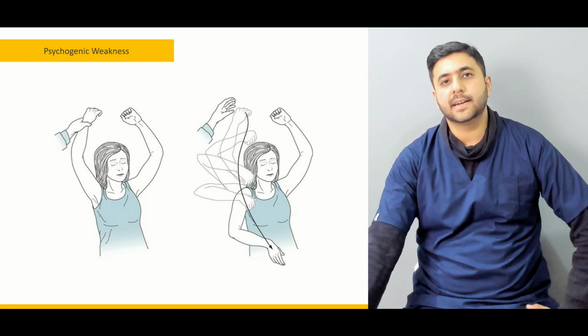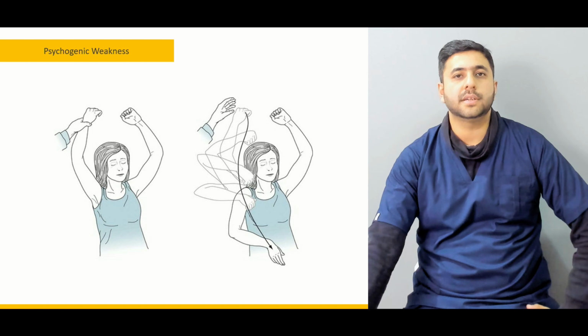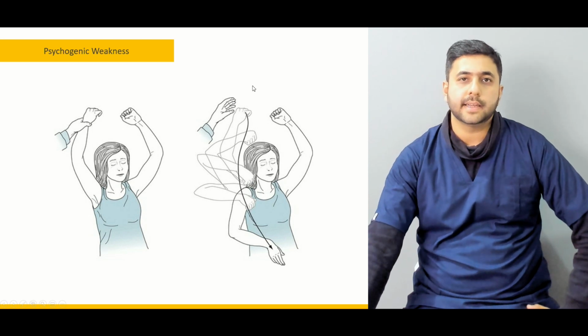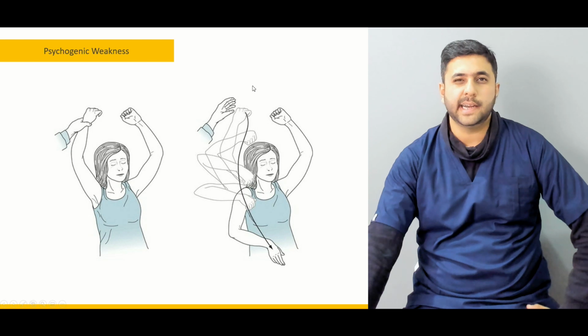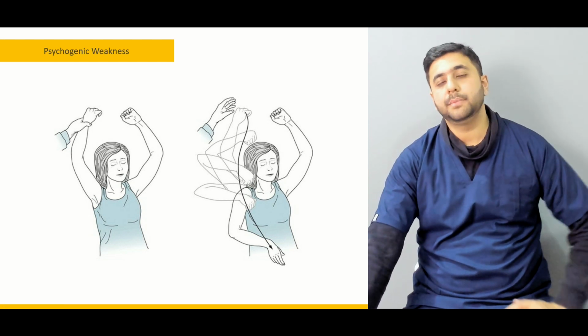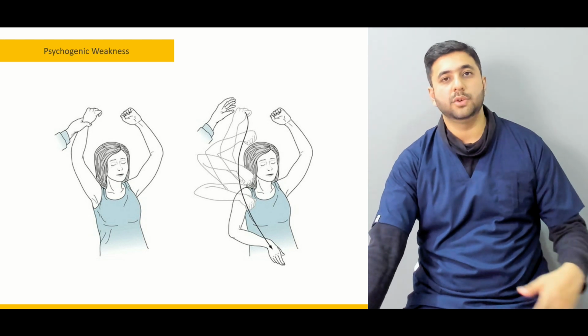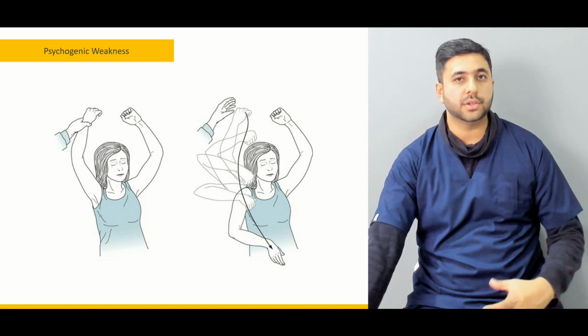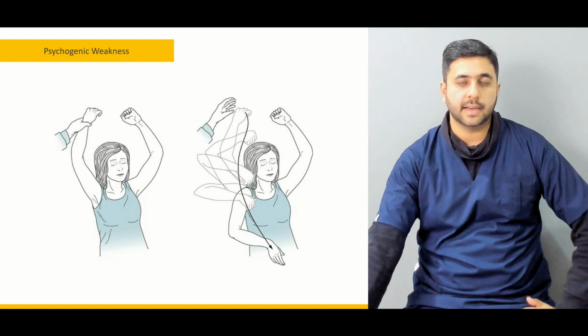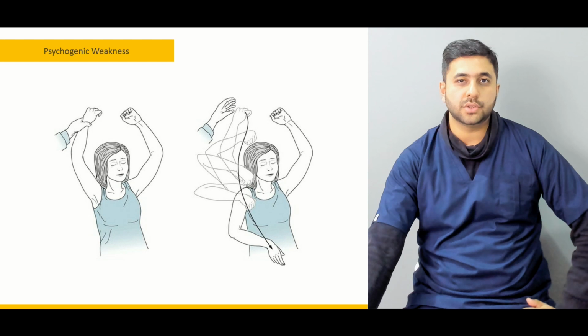Usually there is a very clear-cut history of anxiety, depression, or acute stress that can lead to these problems. For example, in somatization or somatoform disorder, anxiety or depression manifests as physical symptoms, and the patient might have inability to move his arm, and you might think this is an upper motor neuron lesion or a stroke. Then you do the investigations, the CT and MRI, and everything is clear, with no organic lesion to point out.